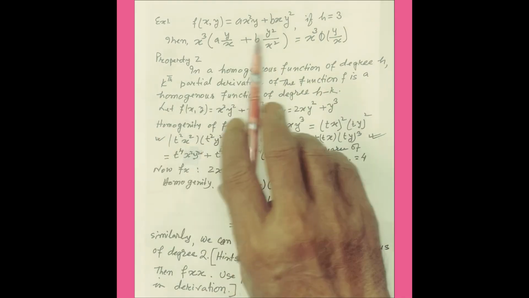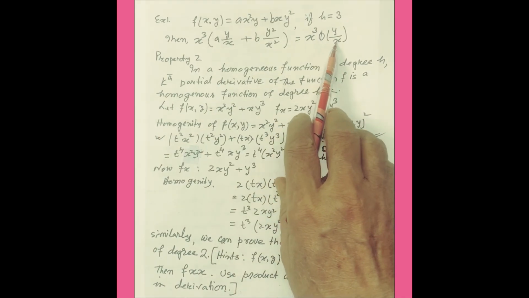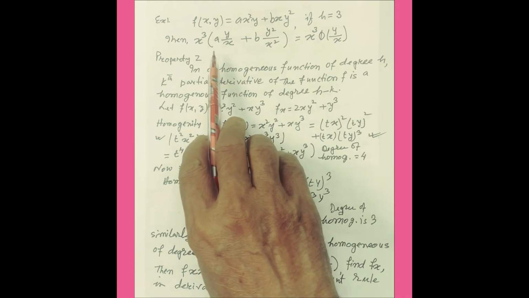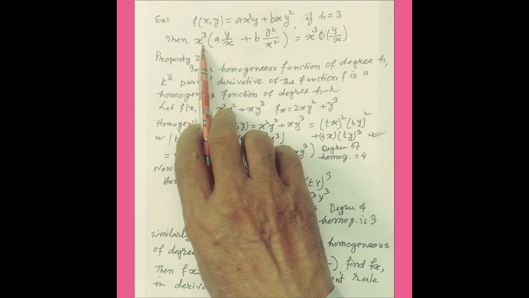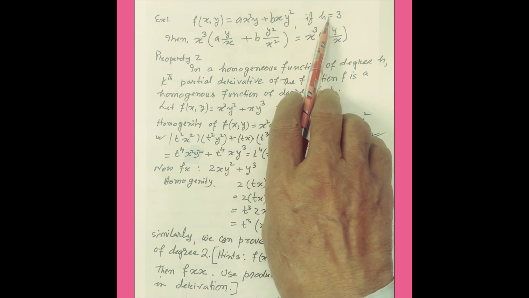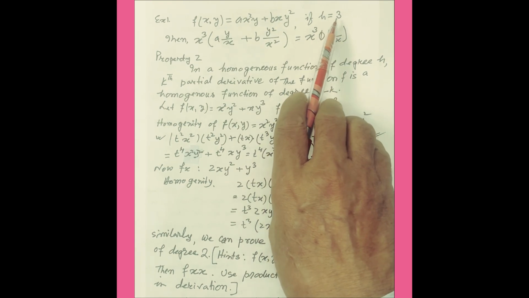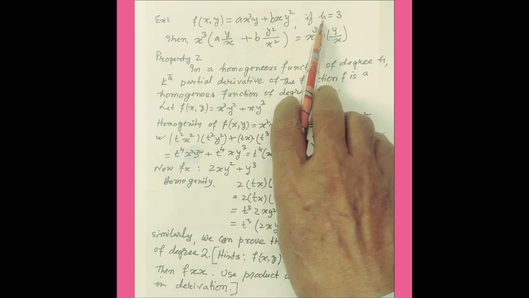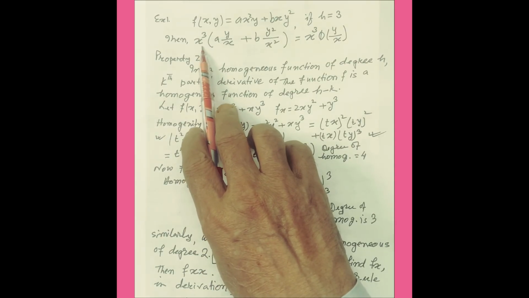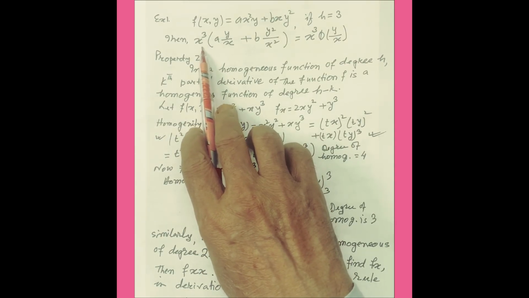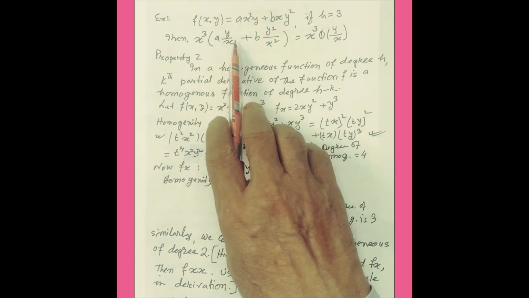So from earlier theory you can write that if the homogeneity h is 3, then x cube into phi(y by x).